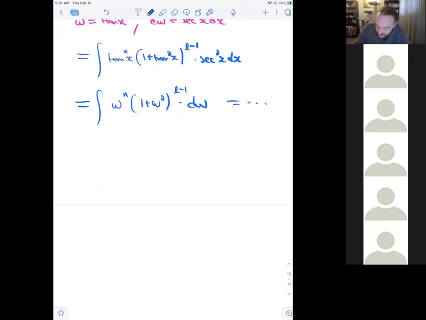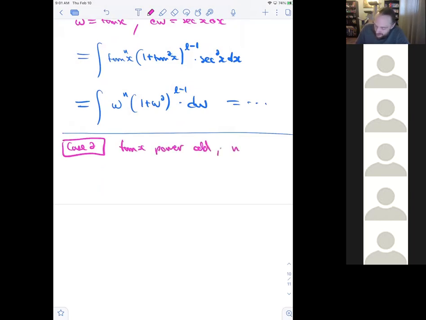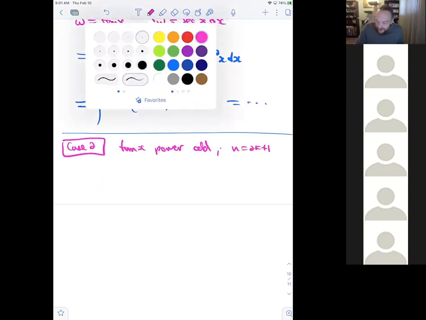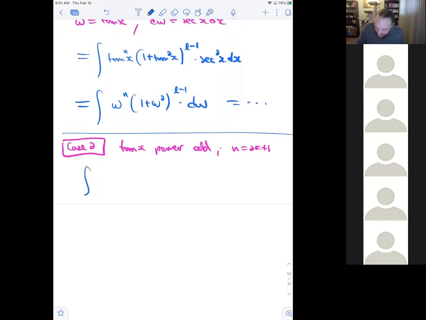So case 2: you want tan odd. If that happens, then we get the integral of tan^(2k+1) x secant^m x dx. The reason we need tan odd is because this time I have to steal one from both.